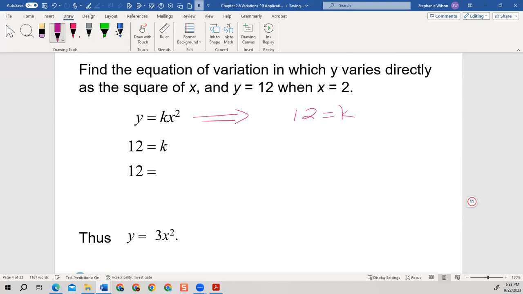So it'll be 2 for x and we're squaring it. Okay. So what do we get? We get 12 is equal to k times 4. I'm going to divide by my 4. And now I get k is equal to 3, which works out great because I'm going to plug it in. And now I get y is equal to 3x squared. Okay. So this was my directly.